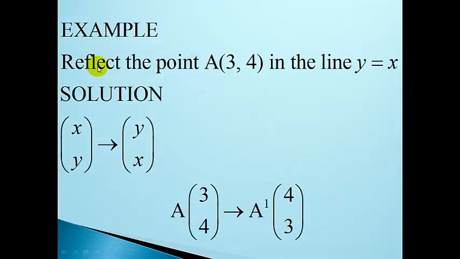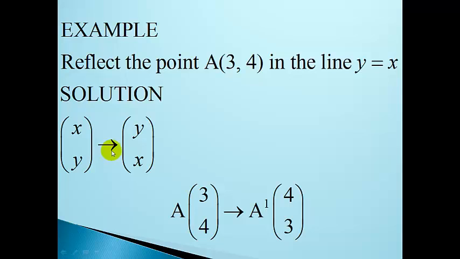Now example, reflect the point A(3, 4) in the line y equals x. The rule is (x, y) maps to (y, x). That is the interchanging of the positions of the x and the y.